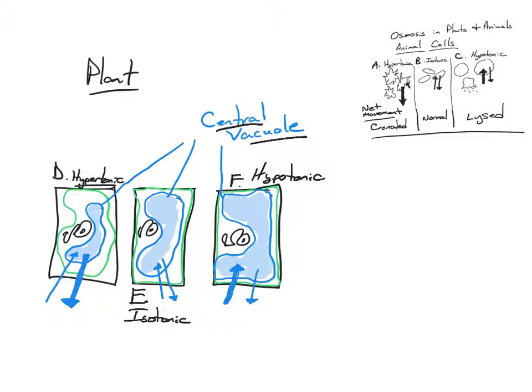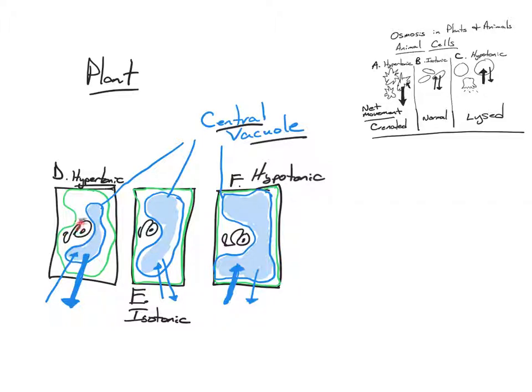So when you're looking at this, this central vacuole is emptied for whatever reason, in this case because it's hypertonic, salty out here or sugary or whatever, there's too much solute out here. Water leaves, there's less pressure pushing up against this cell wall, correct? The cell wall becomes flaccid.